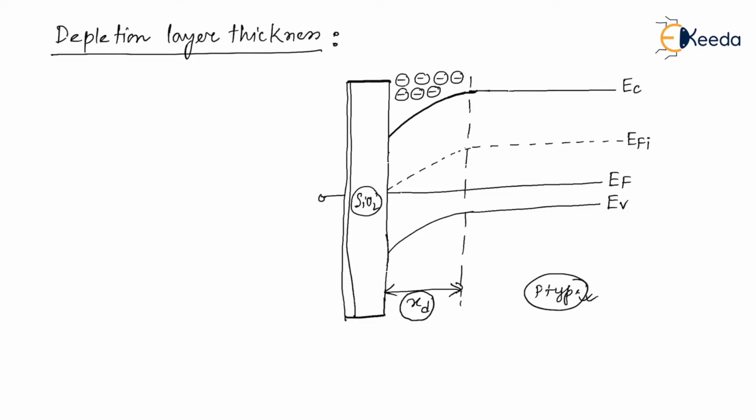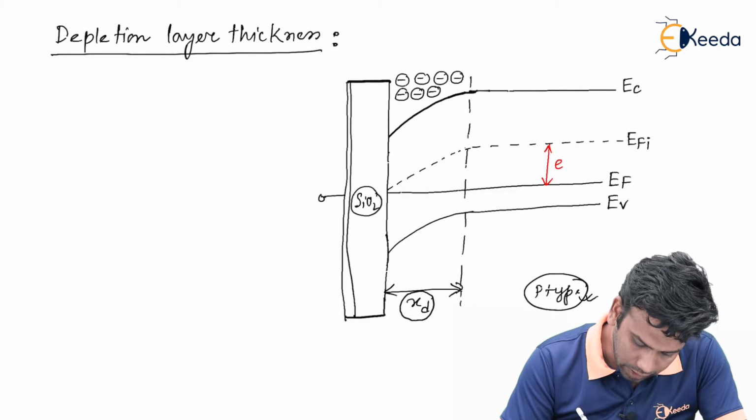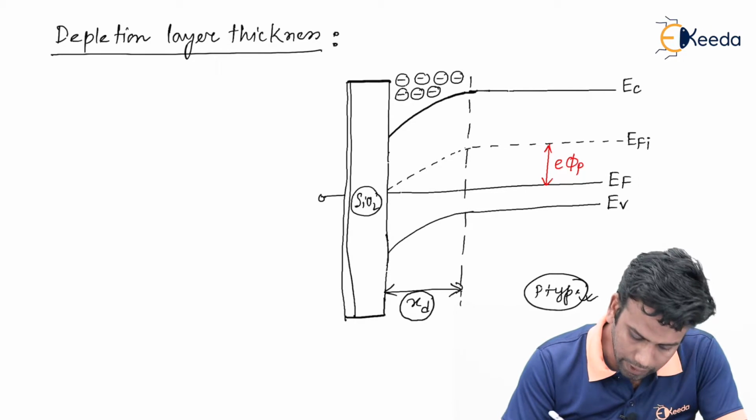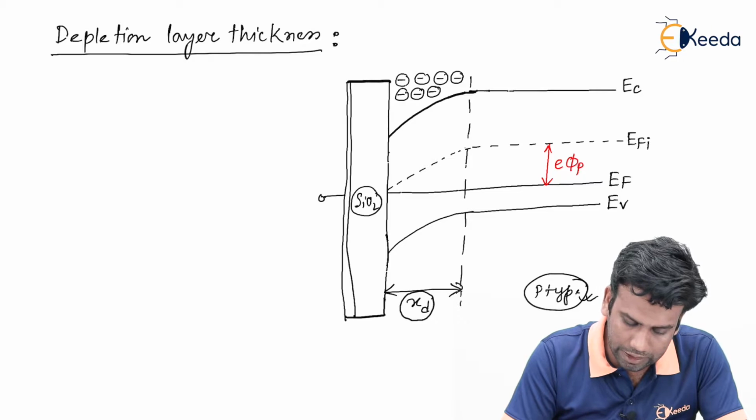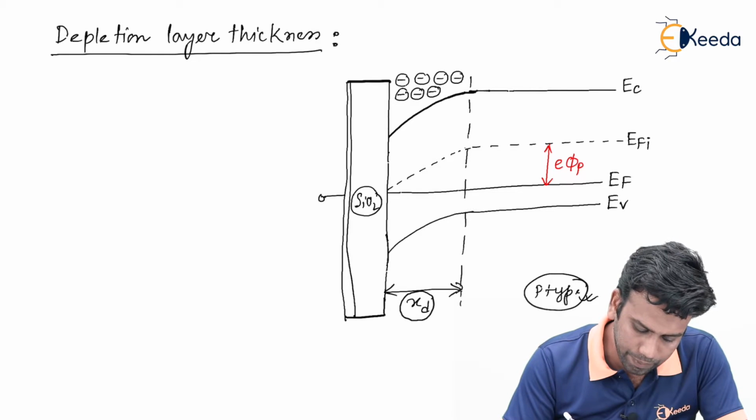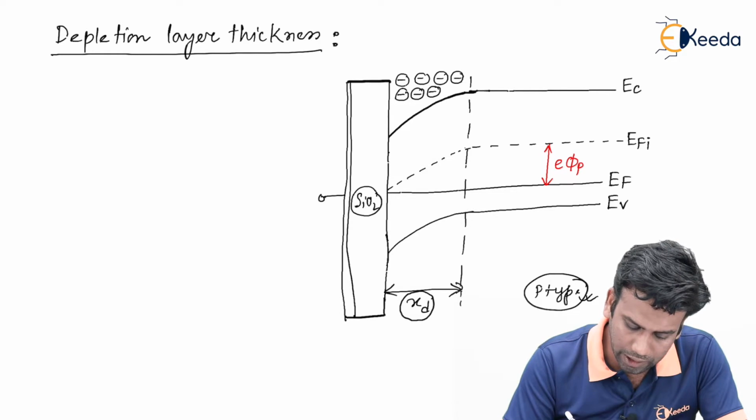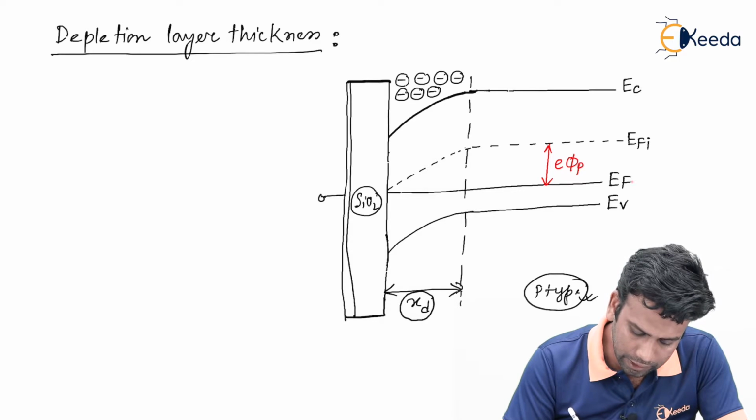Now if I denote this amount of energy as E phi p, where E is the electronic charge, that is 1.6 into 10 to the power minus 19 coulomb, and phi p is the energy difference between the EFI and the EFP.